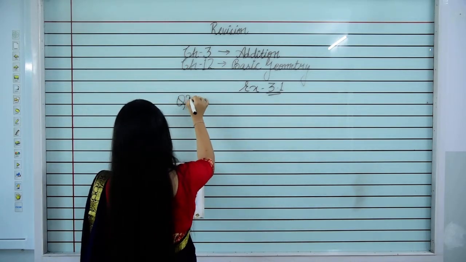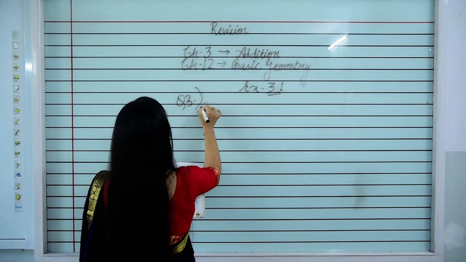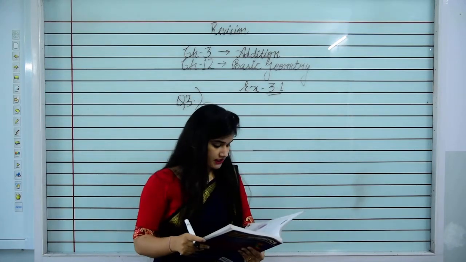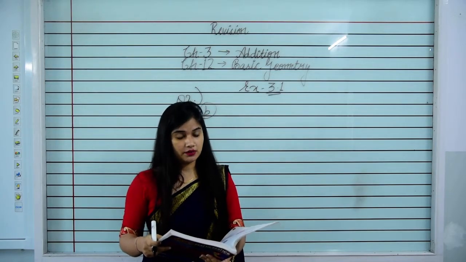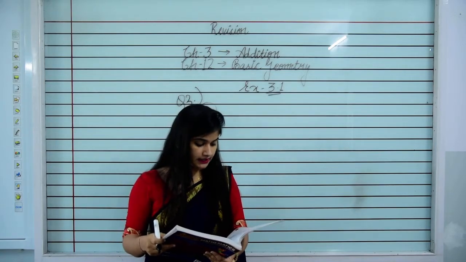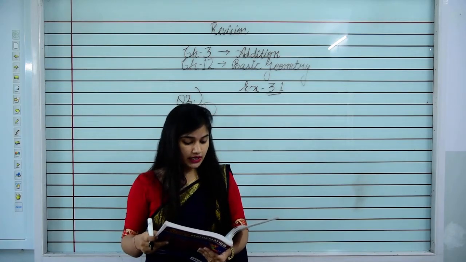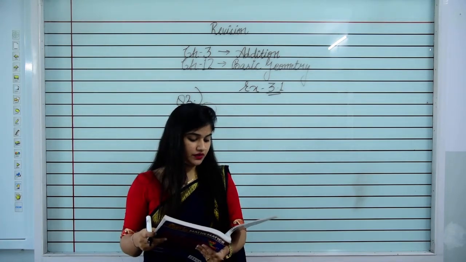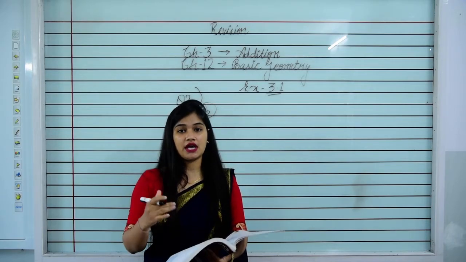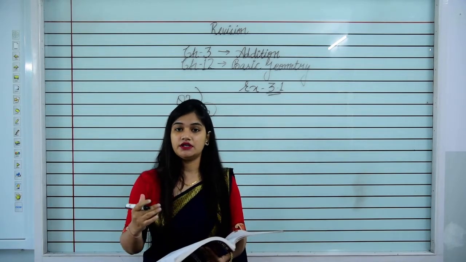So students, we are taking question number 3, B part. The question is given in number names form, that is 4,90,360 and 2,26,784. It means we have to convert in numerals form.